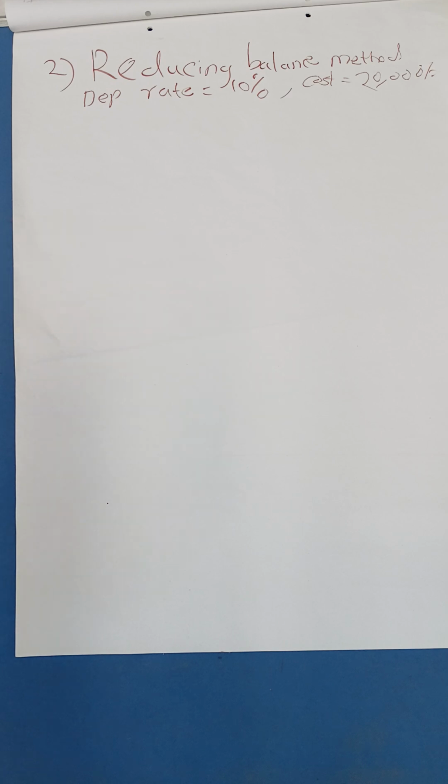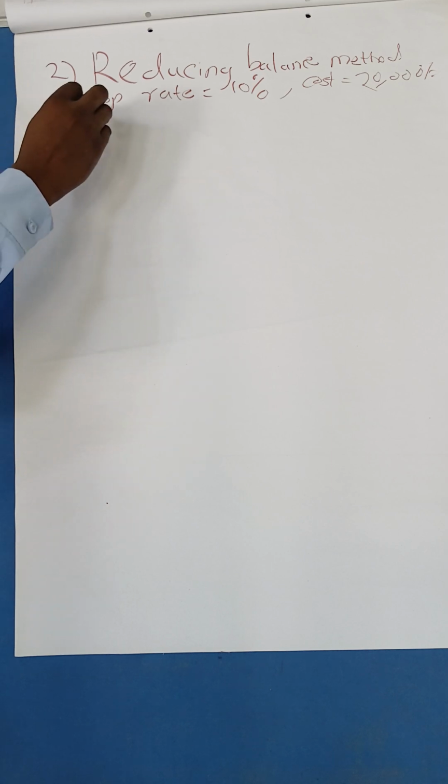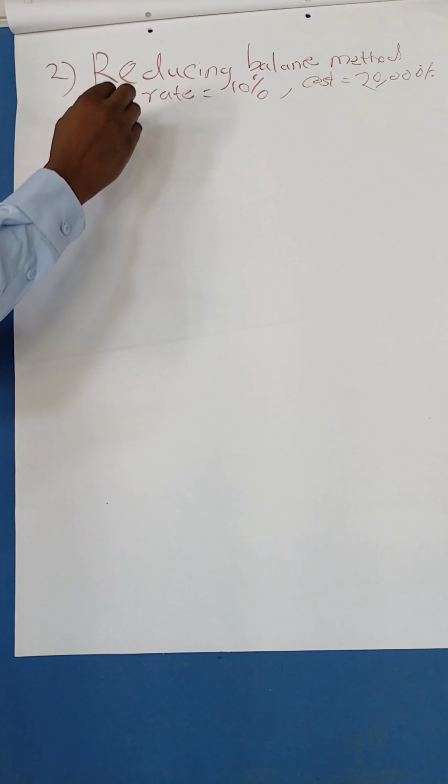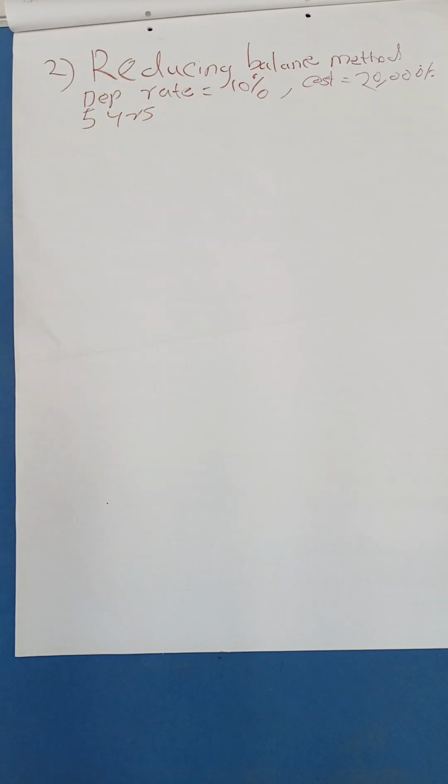Then we expect it to be used for an estimated period of 5 years. Now, using the reducing balance method, calculate the depreciation of the machinery.